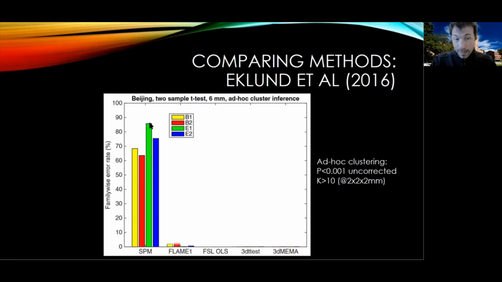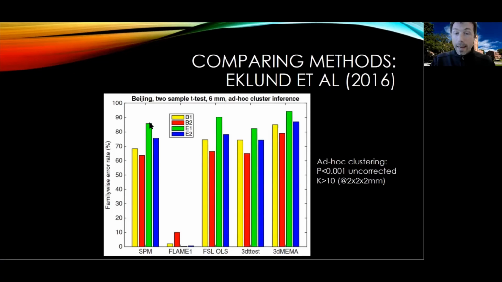In fact, you end up getting really inflated family-wise error rate estimates across the board, perhaps with the exception of FLAME 1. And I'm guessing this is just because of how the variance is calculated, that random effects, mixed effects yardstick that FSL uses.